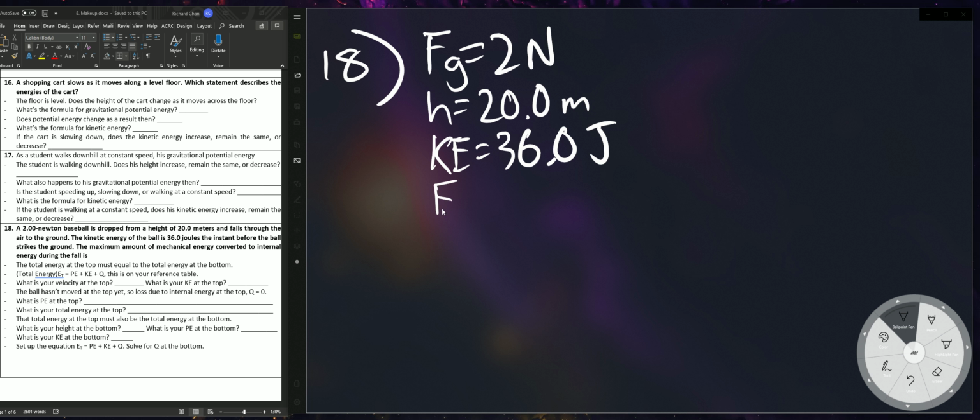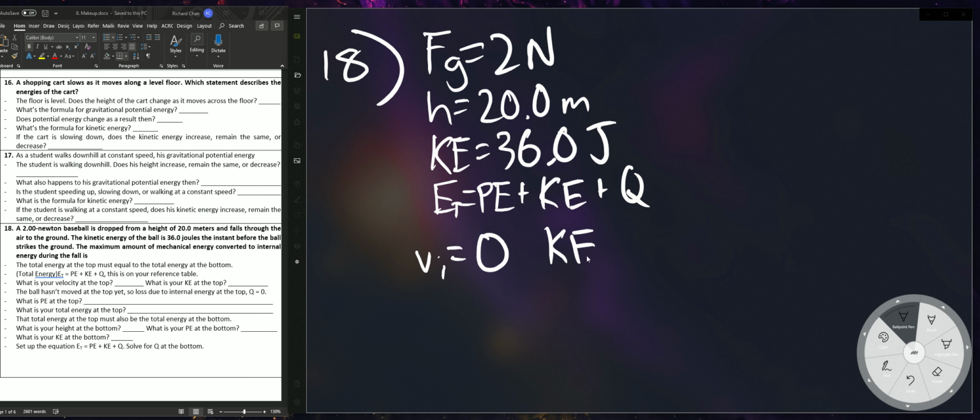The total energy of a particular object at a certain point in time is your potential energy plus kinetic energy plus Q. So what is your velocity at the top? Your velocity at the top is 0. And so what is your kinetic energy at the top? The formula for kinetic energy is 1 half mv squared, so your kinetic energy at the top is 0.